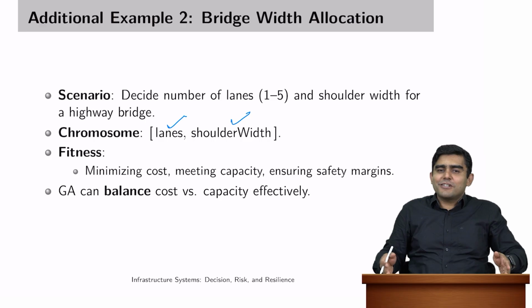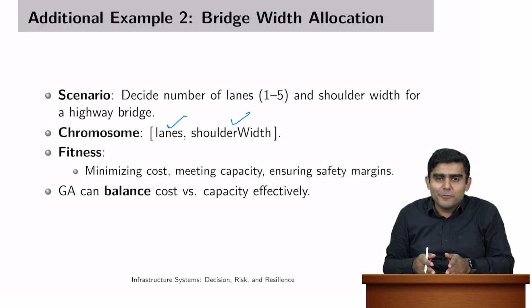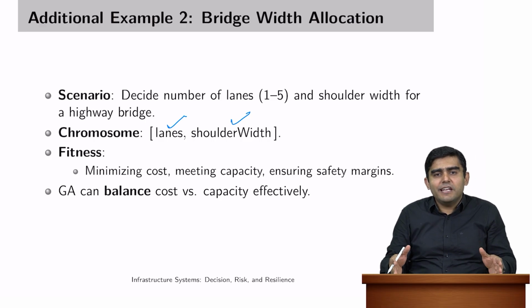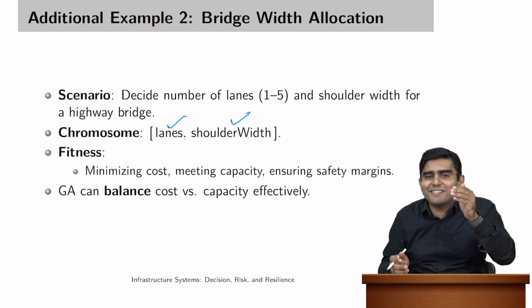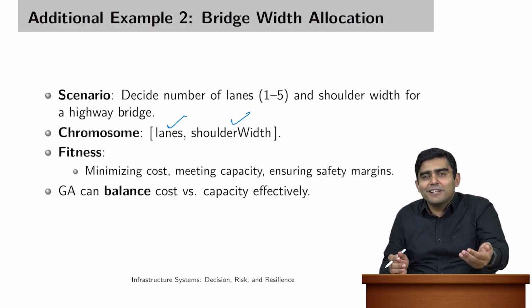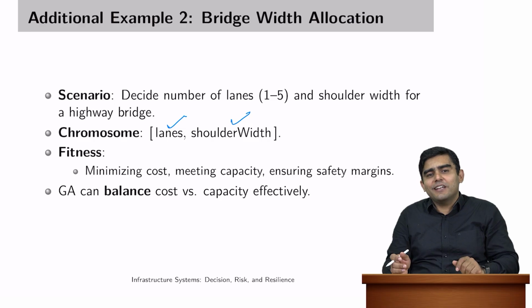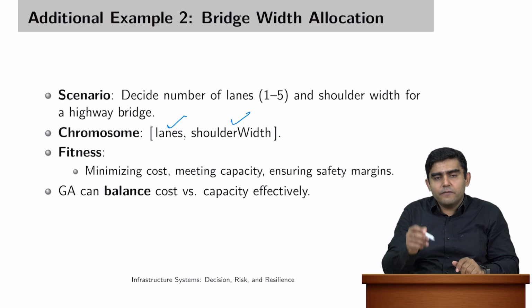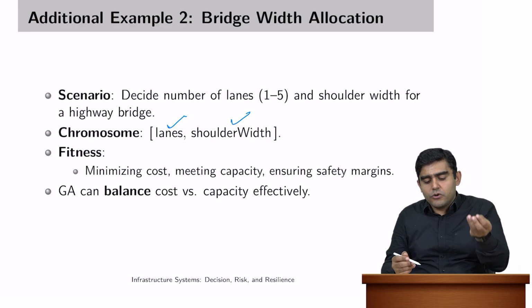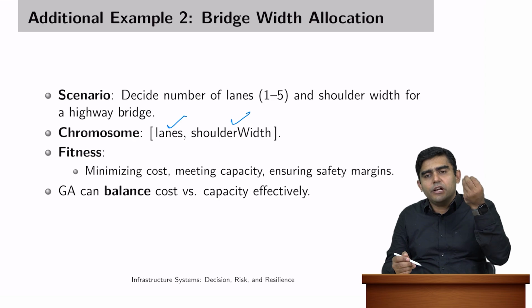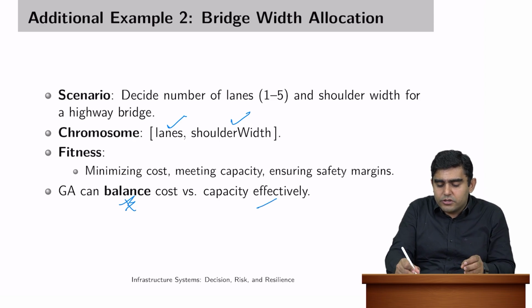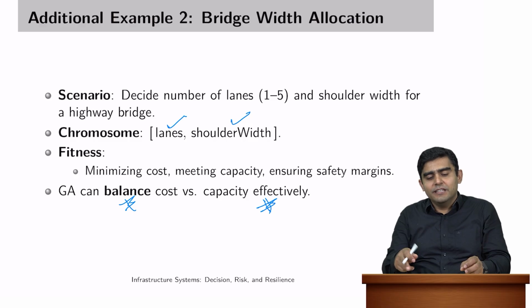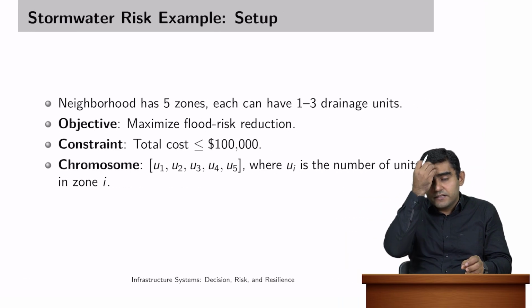If you have larger shoulder width, the number of lanes would be smaller, because the right of way for construction of the road is finite. So it becomes a constrained optimization problem cast in the form of a genetic algorithm. And again, fitness can be quantified: minimize cost, meet the capacity, ensure safety margins. So GA can also balance cost and capacity in some constrained setting.